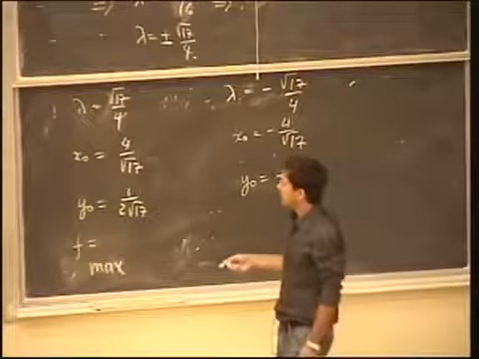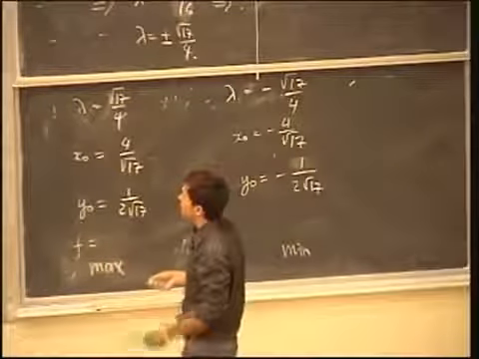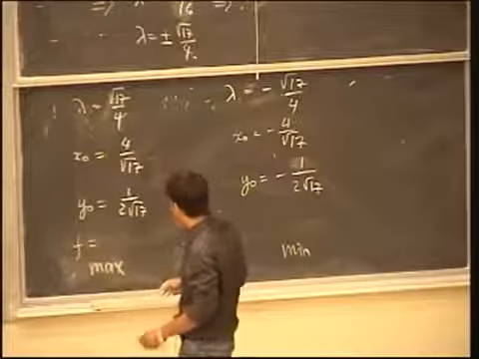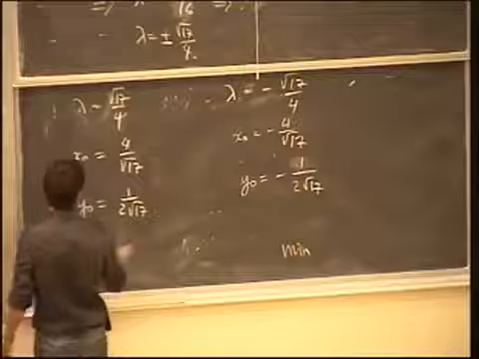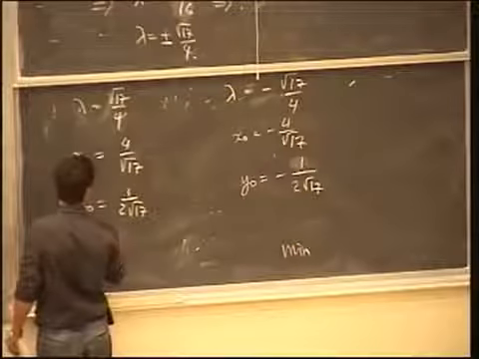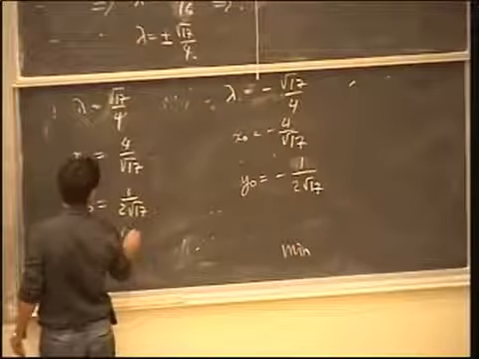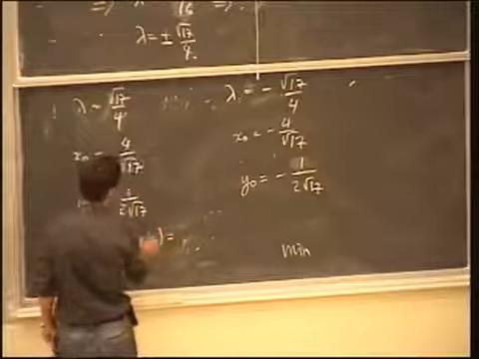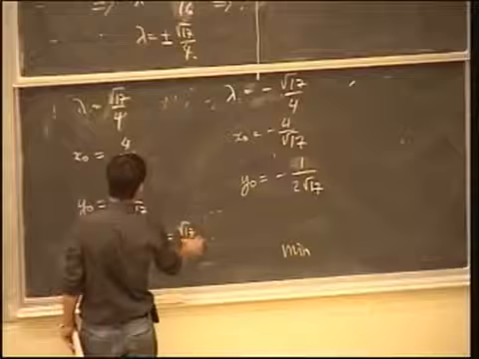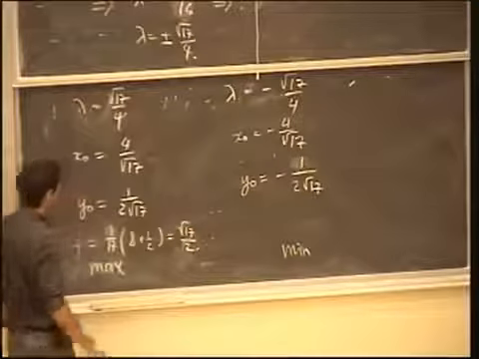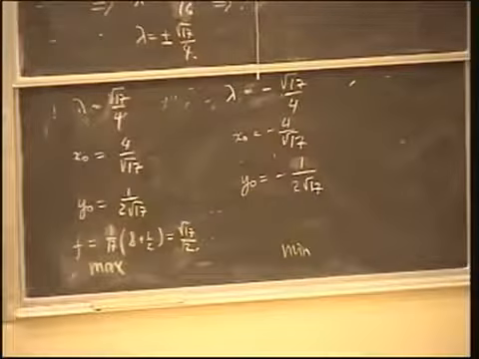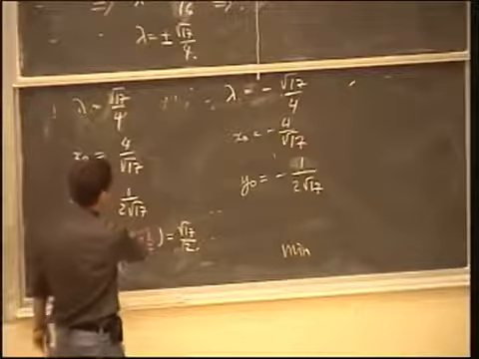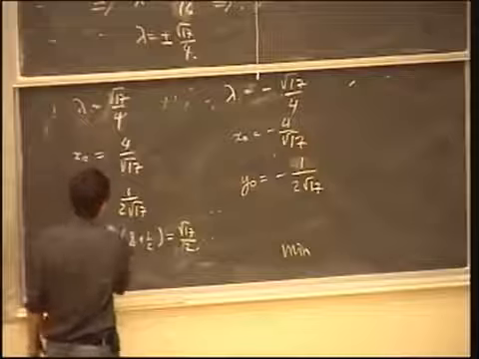So in this case, you have to substitute into f, which is 2x plus y. So it's like 8, 1 over square root of 17, and here 8 plus 1/2. Right, so that's going to be 17 square root of 17 over 2, because you got 17 over square root.